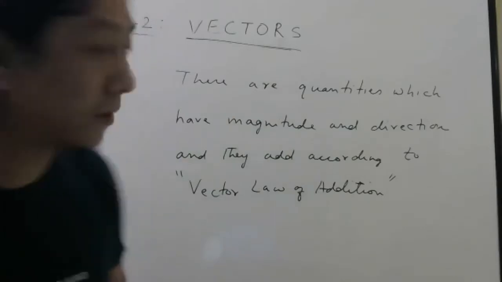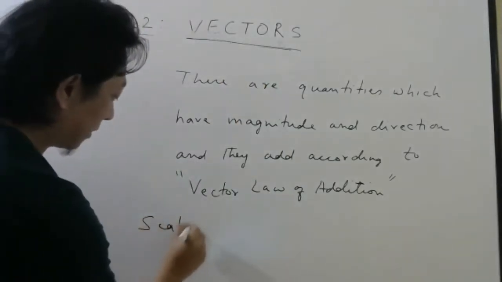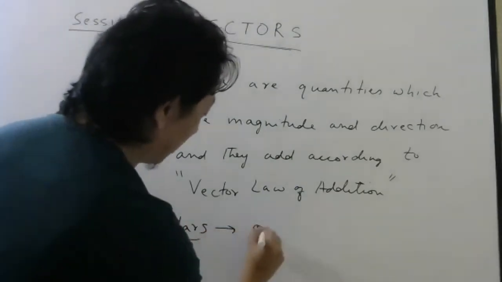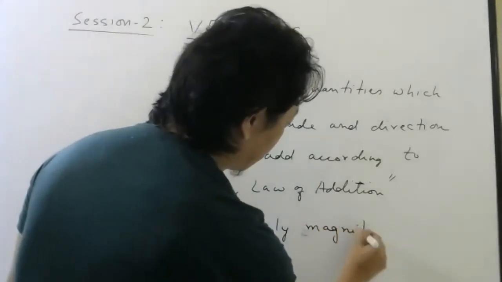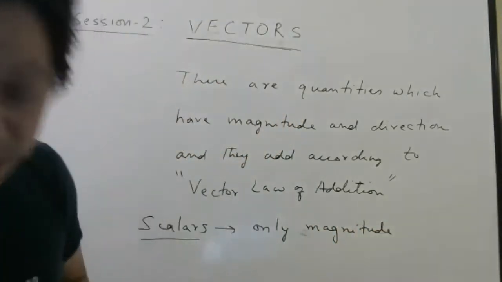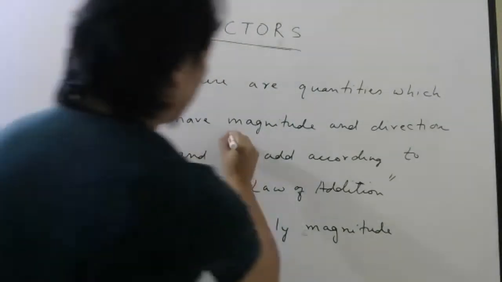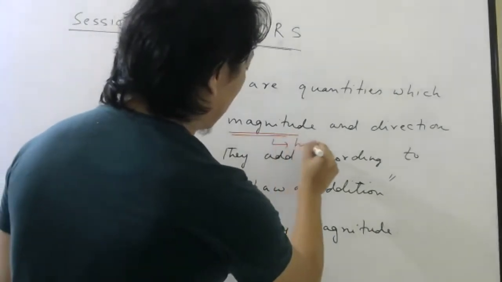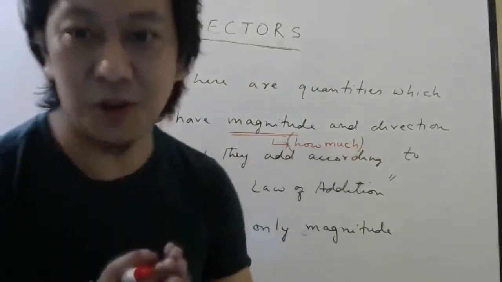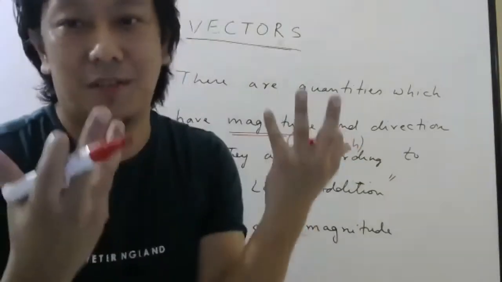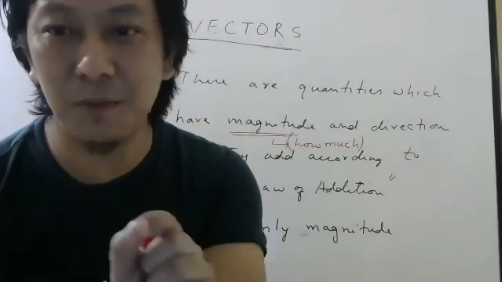Writing part is done. Okay, now these are called vectors. Scalars means it has only magnitude. Now when I say magnitude, what does it mean? Magnitude means how much. Okay, don't write this in the exam. That is for your understanding. Magnitude means how much. How much will be always in numerical value, some number with some unit.